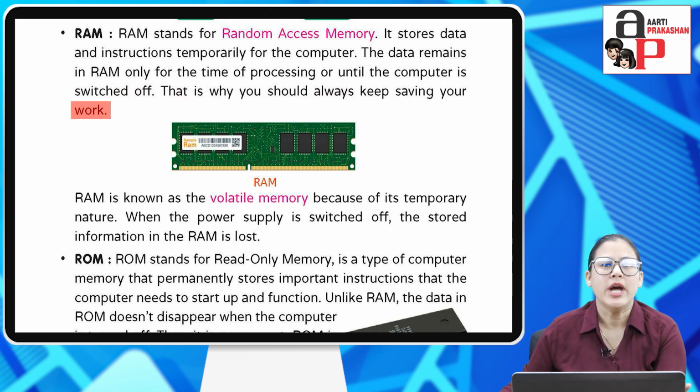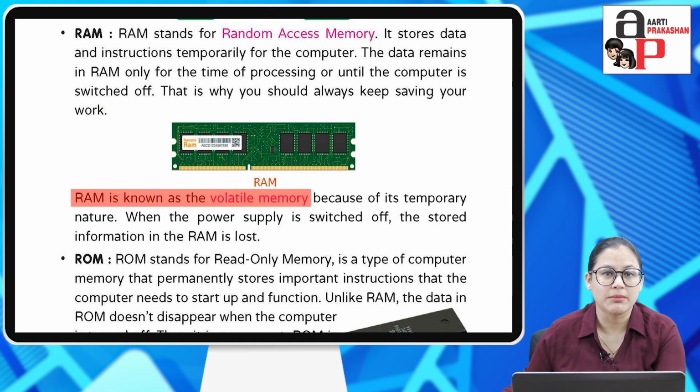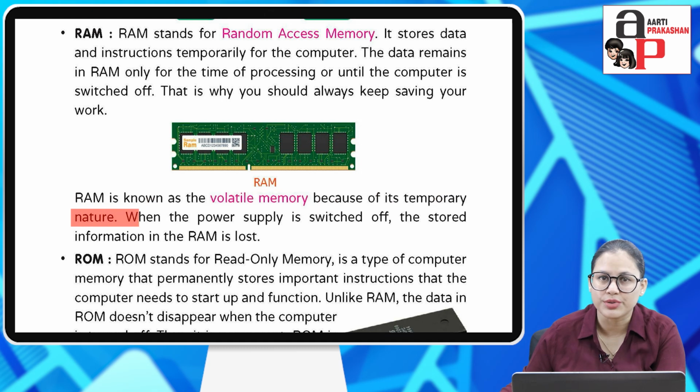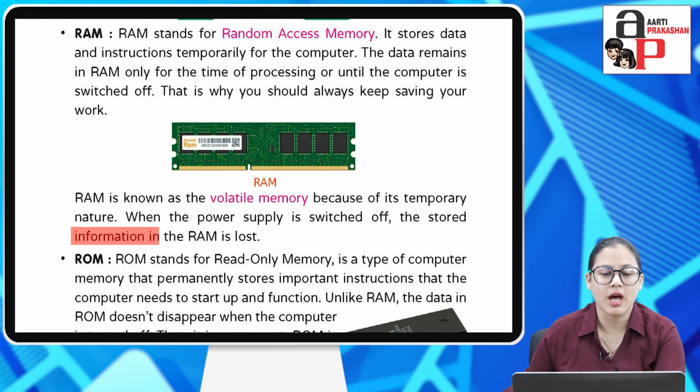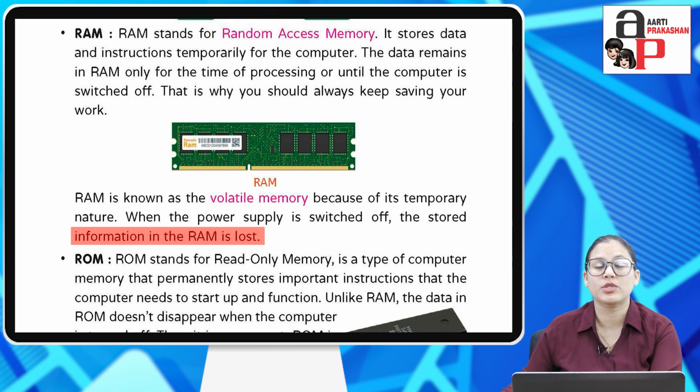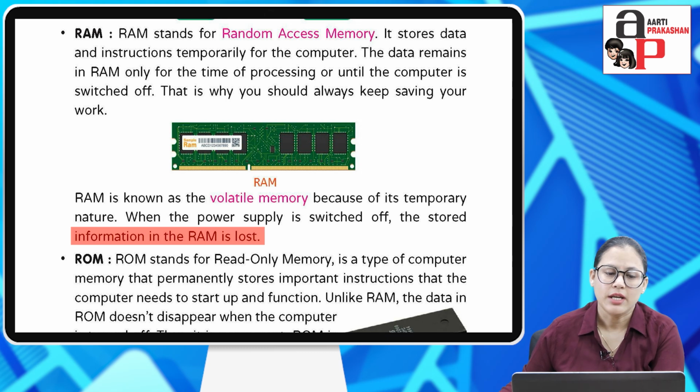Whenever you do any work on your computer, you must save it. RAM is known as a volatile memory because of its temporary nature. When the power supply is switched off, the stored information in the RAM is lost. So remember that RAM is also known as volatile memory because data is not permanently stored there.